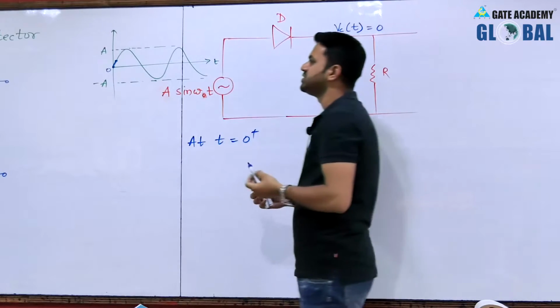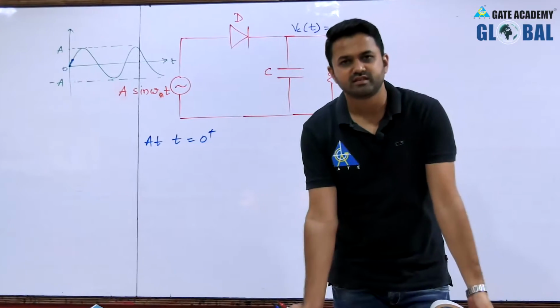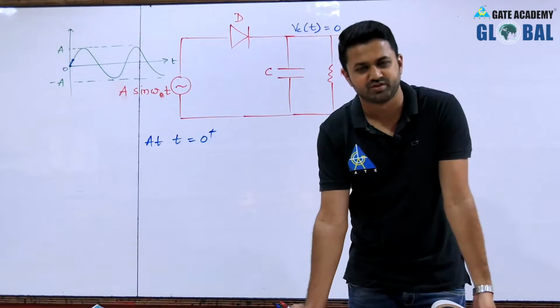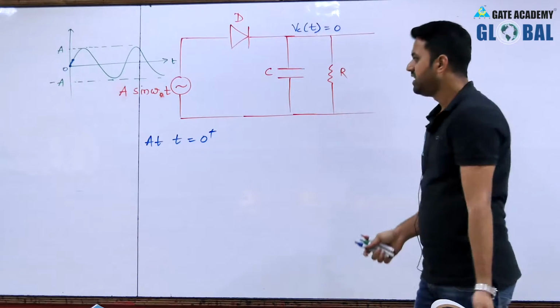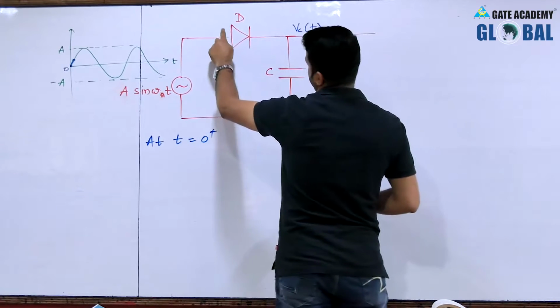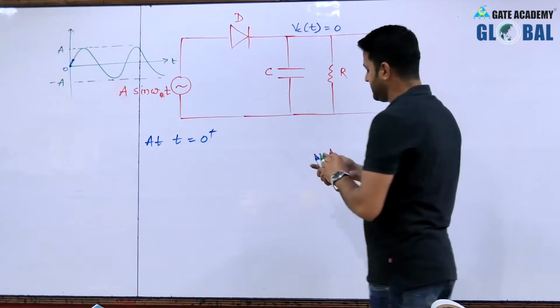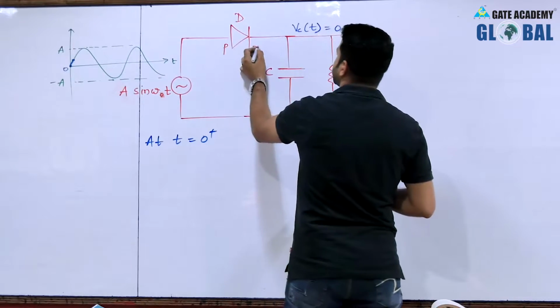So, when the input is greater than 0, that means it has a small positive amplitude, the potential at this point is higher than the potential at the N side. This is the P side and this is the N side.